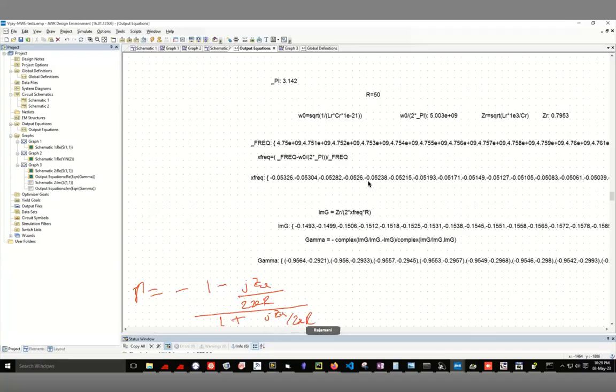Okay. So this quantity here I have defined as img, that is ZR without the complex j factor, divided by 2x into R. And then I define the gamma, which is basically just 1 minus img over 1 plus img.